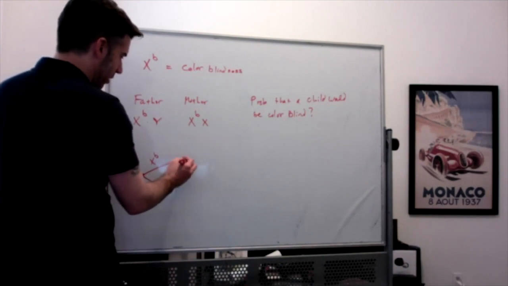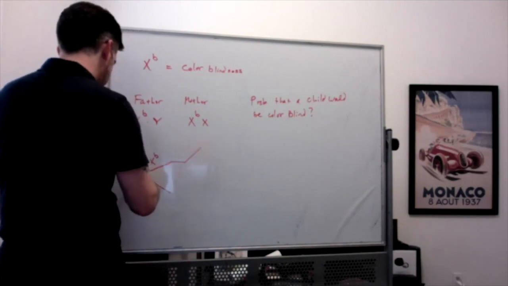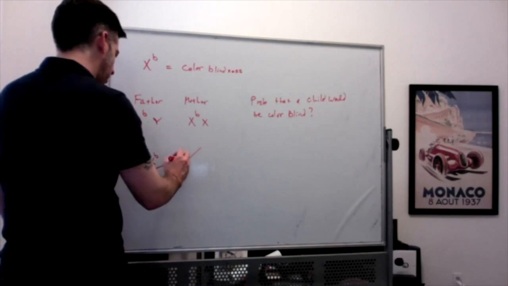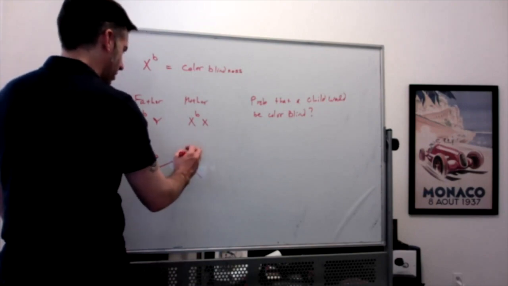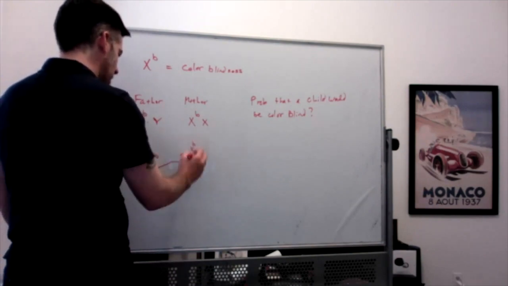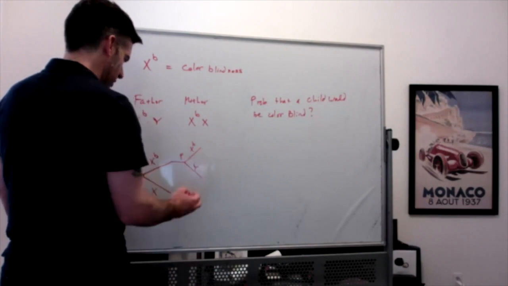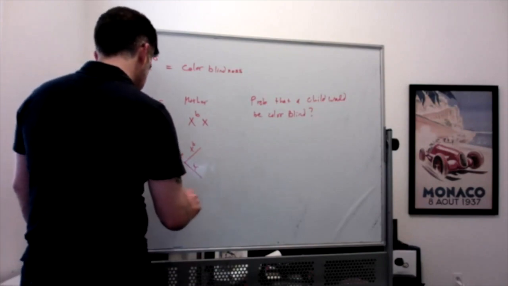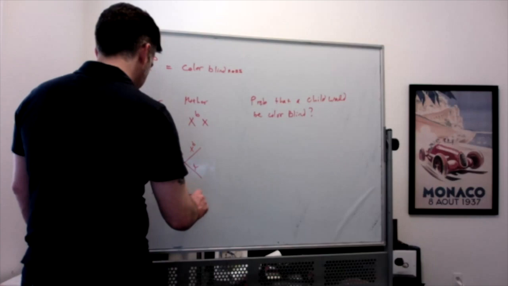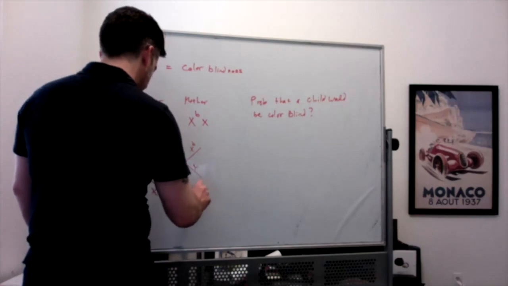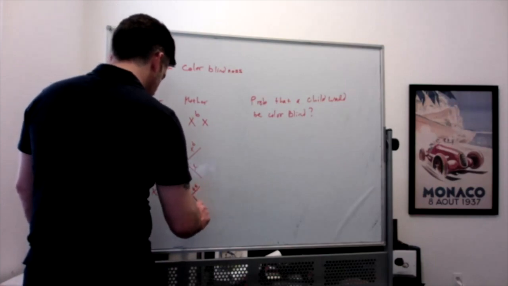And then from there, the father can either give his colorblind X gene or his Y gene. And similarly on the other branch, the father can give his colorblind X gene or the Y gene.